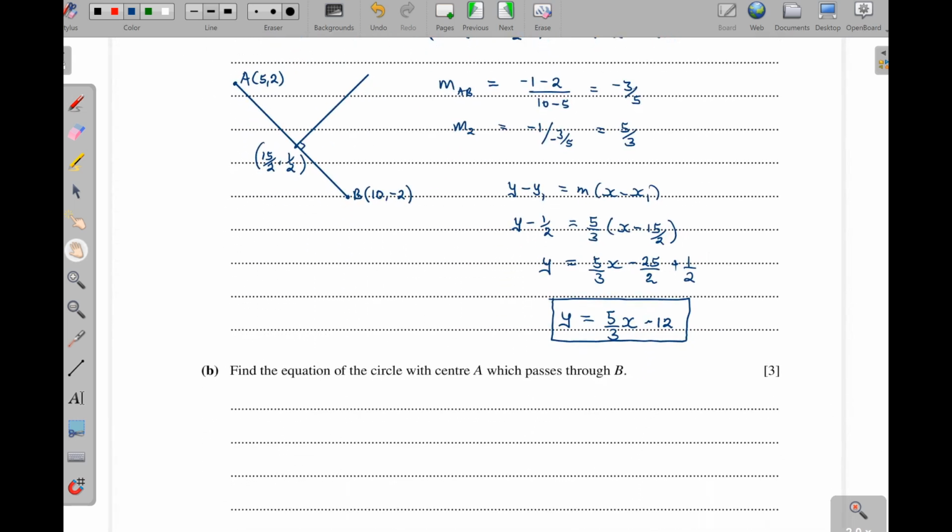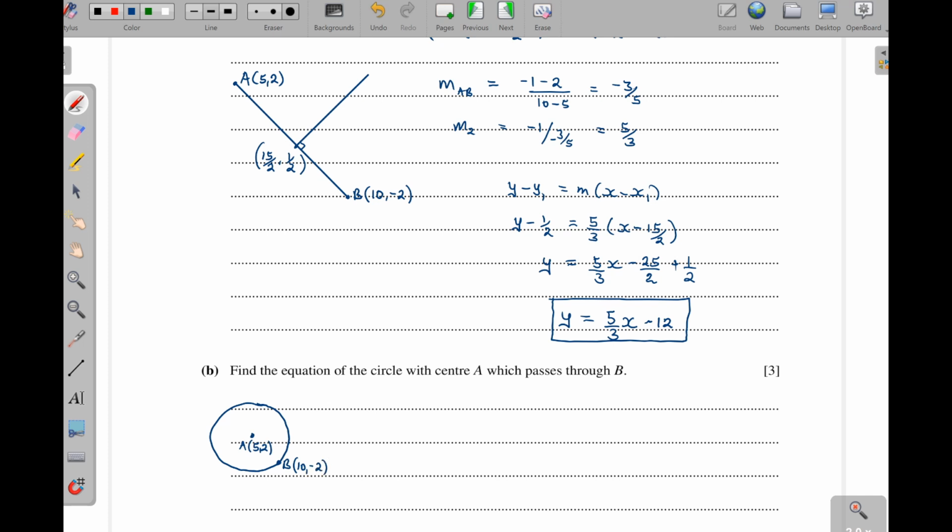Then part B, find the equation of the circle with the center A, which passes through B. So if I have a circle here, the center is A here, and this is 5, 2, and then it passes through B. Maybe B is here, that is 10, then -1.